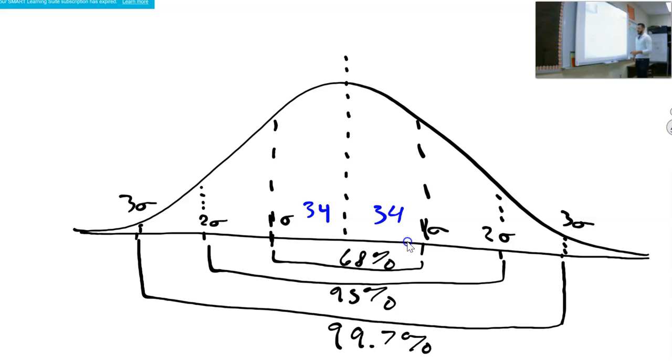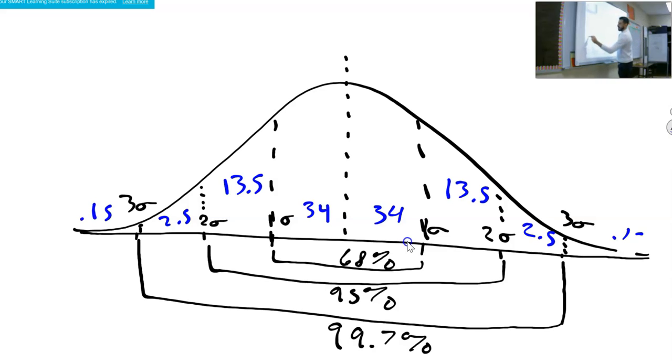If we go out to the 95%, excluding the 68 that's already in the middle, that means within each of these sections, we have about 13.5 and about 13.5 of the area. And lastly, going to the 99.7%, we have about 2.5 and 2.5% on either side, leaving about 0.15 and 0.15 on either side.